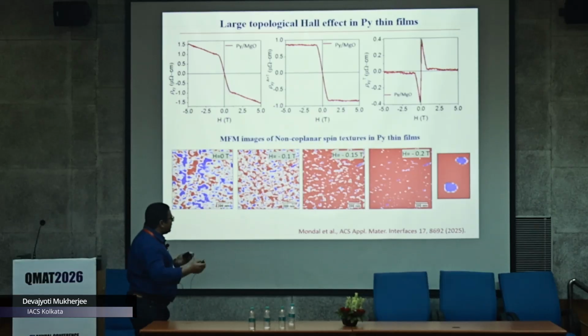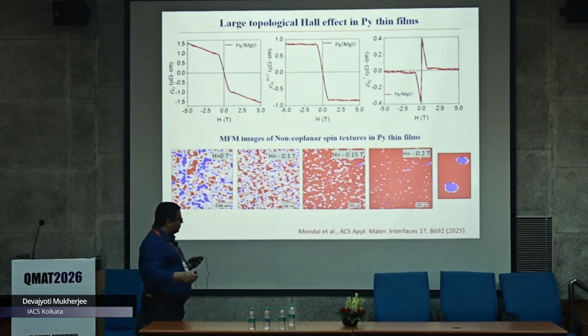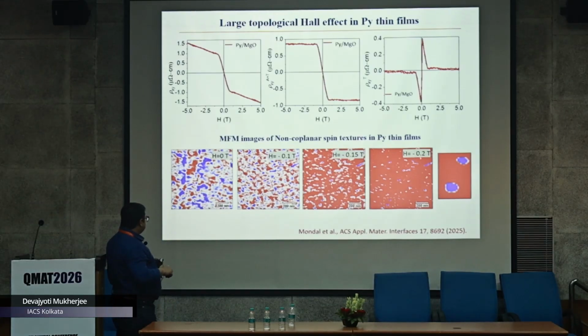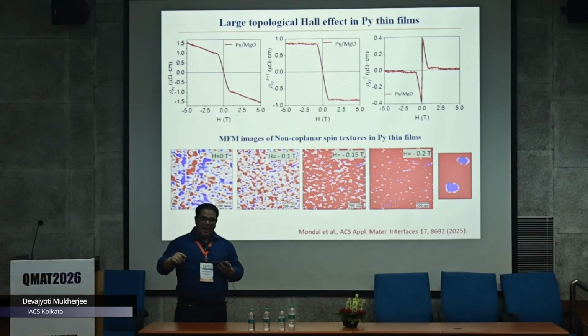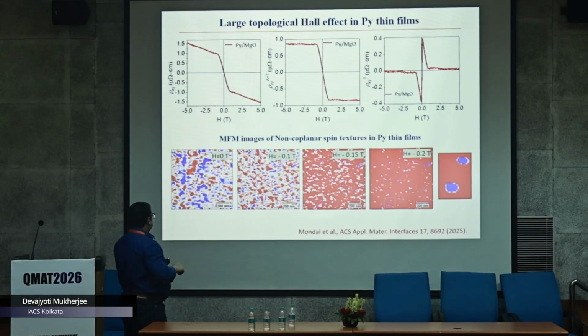So in order to further confirm it, we studied the film textures using magnetic force microscopy under different magnetic fields. And here you are seeing red and blue contrasts. The red and blue contrasts are basically magnetic moments which are aligned in plane, in downward direction and upward direction along your film. So when you don't apply a magnetic field, the domains are all randomly distributed.